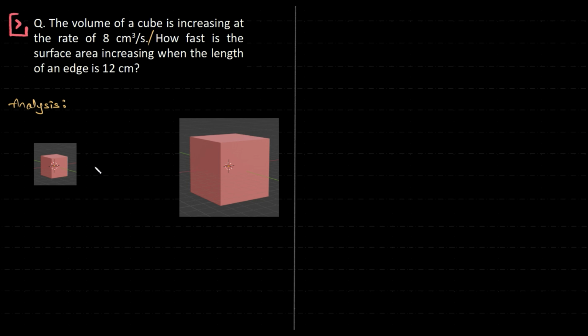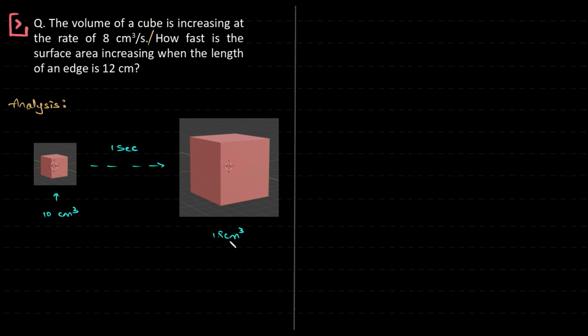So for every second, say this is 1 second, if this was say 10 centimeter cube, this will be 18 centimeter cube. Right? In 1 second, there is an increase in volume by 8 centimeter cube.